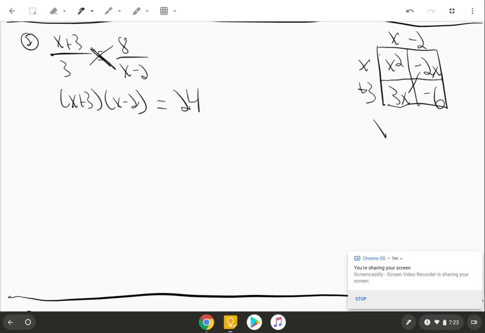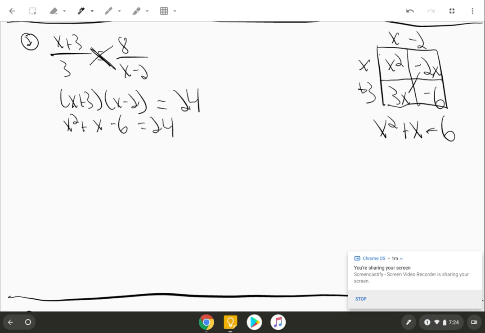So if I put that all together, I end up with x squared, 3x minus 2x, that's going to be a positive 1x, minus 6. So my left-hand side becomes x squared plus 1x minus 6 equals 24. Okay, so notice, like I said in the lesson notes, this is now a quadratic.